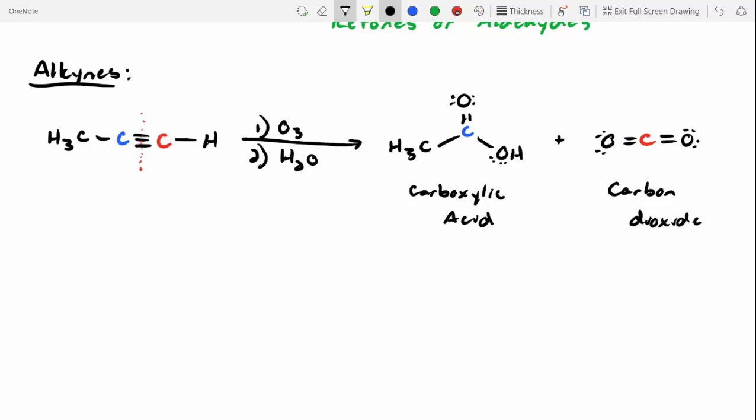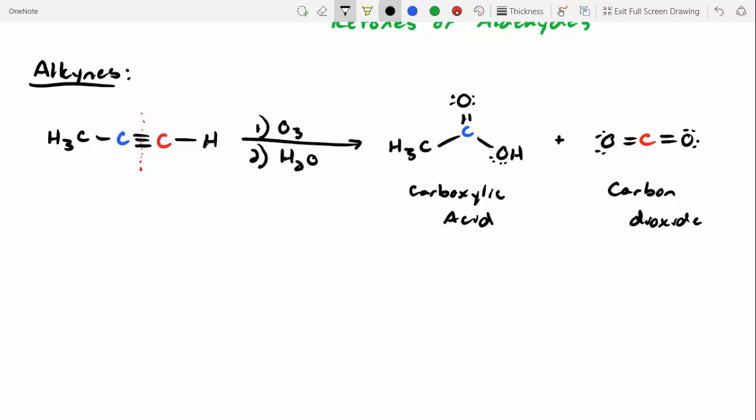Just like with alkenes, I'm not going to expect you to do the overall ozonolysis mechanism. If you want, you can look at it in your book, but it's kind of steppy and it goes through some funky looking rings. I'm mostly concerned with you guys knowing the overall organic transformation, that when you treat an alkyne with ozone and then quench it with water, you get a carboxylic acid, and sometimes you end up with carbon dioxide if you're dealing with a terminal alkyne.